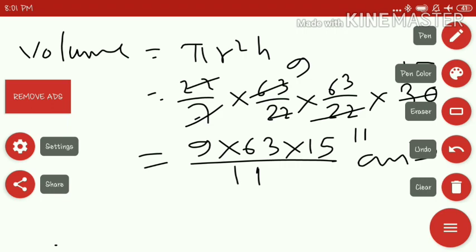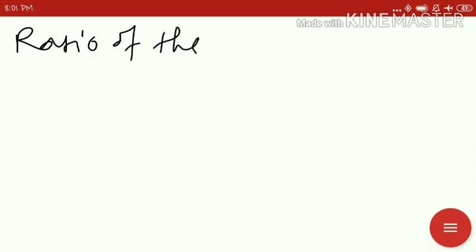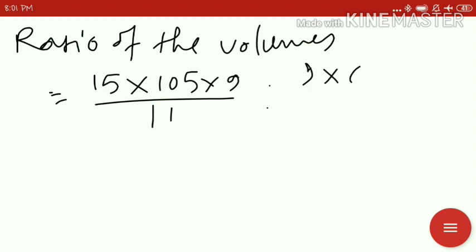That's the thing I was talking about, that whenever we find the ratio of the volumes, the volume that you have got when you have rolled it along the length, to the volume you have got when you have rolled it along the breadth, they are in ratio.